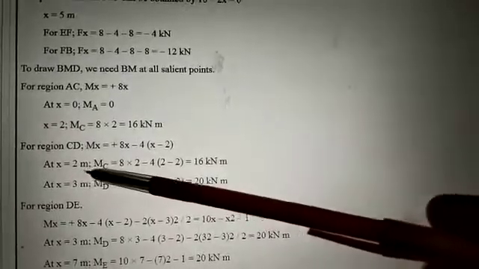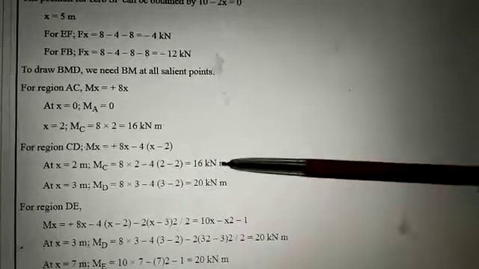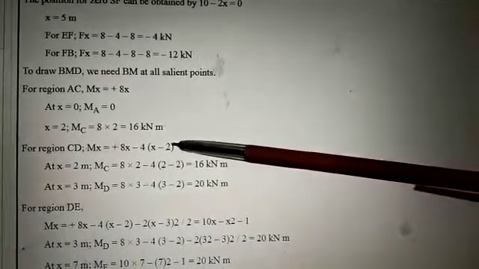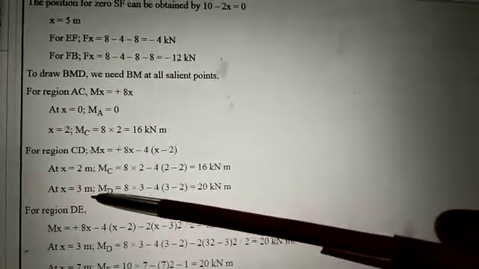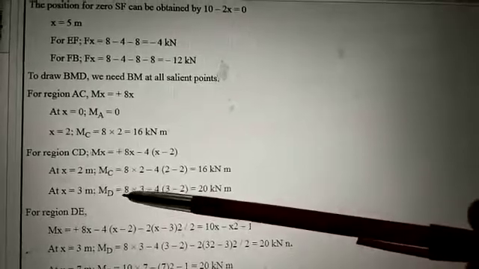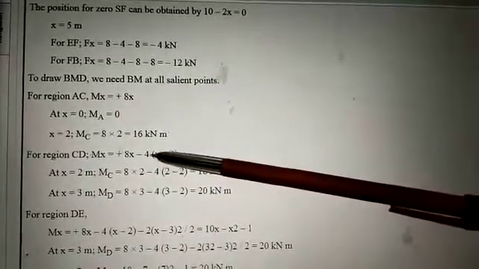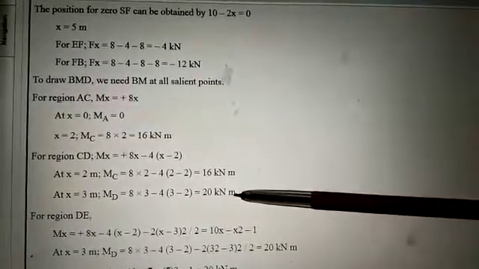So at x is equal to 2, the value of this moment at point C comes out to be 16 kilonewton meter. By putting the value of x is equal to 2, we will obtain this moment. Now at x is equal to 3, we will obtain the moment at point D, that is MD. We will put x is equal to 3 in this equation. We obtain this as 20 kilonewton meter.